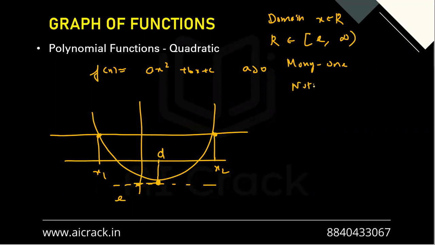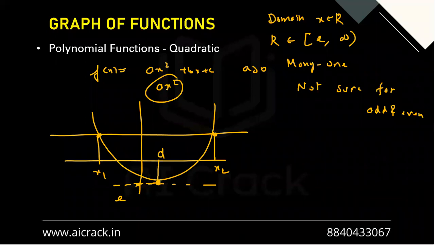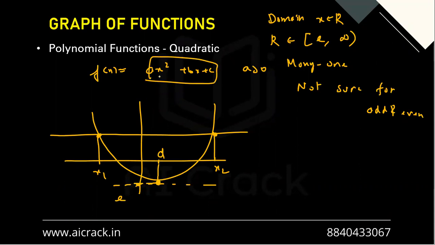So not sure for odd and even. You might find this generalized for just ax square. We have assumed that f(x) equals ax square only. In that case, many books might say ax square is an even function, and similarly for linear graphs, y equals ax is an odd function. But usually we can never be sure, right?